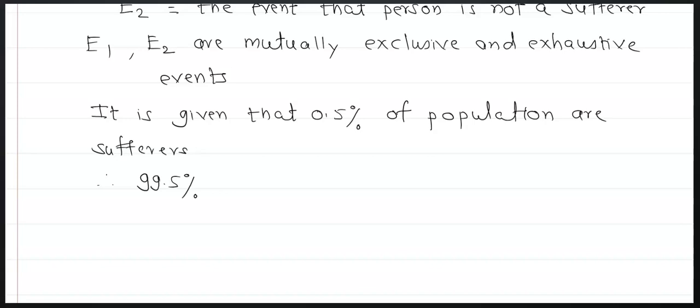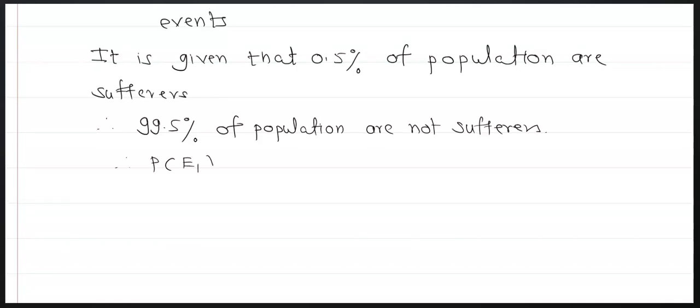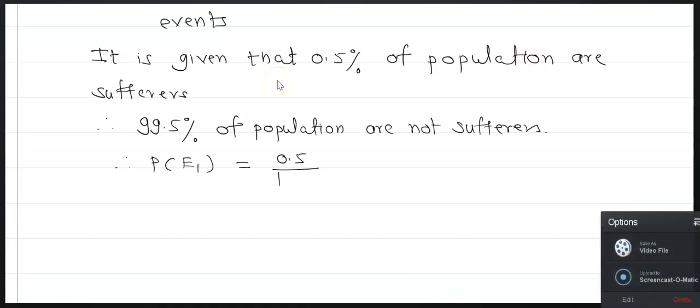Next, 99.5% of the population are non-sufferers. So 0.5% of the population suffers, and 99.5% of the population is non-sufferer.